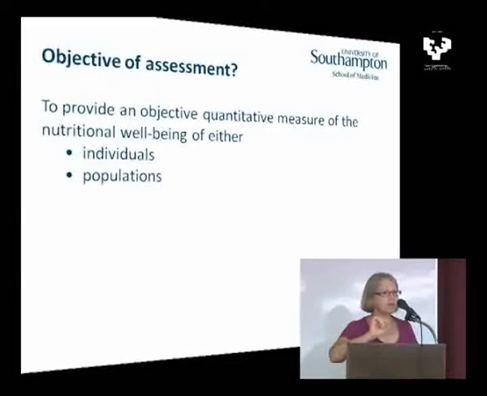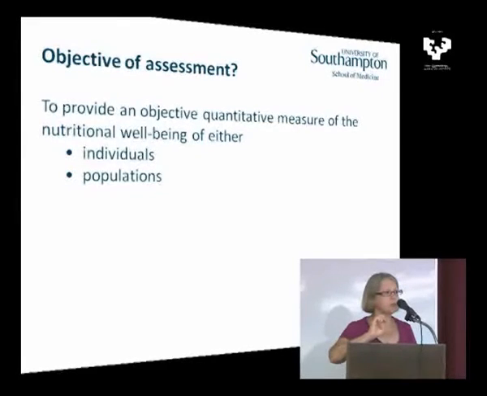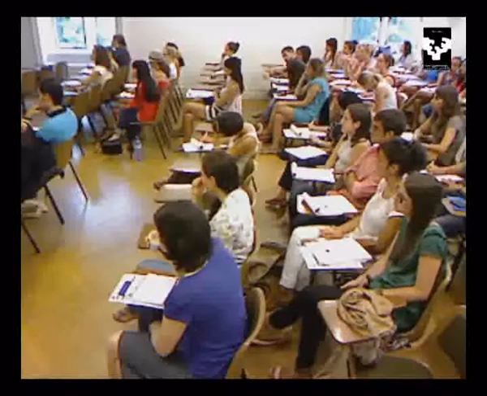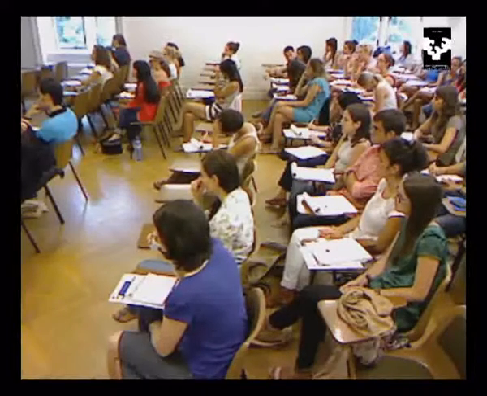Now that word objective is important. Why do you think that's important? Is it helpful for me to have said the person on the right was fat? Does that tell you anything? Or the person on the left was thin? Is that informative to you?